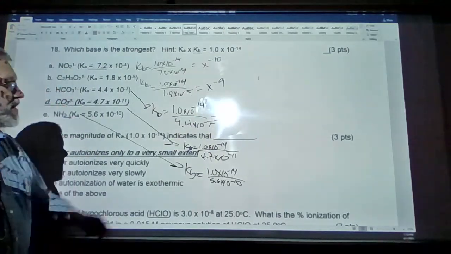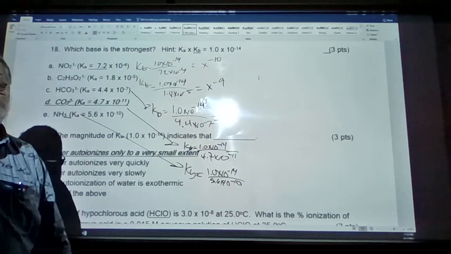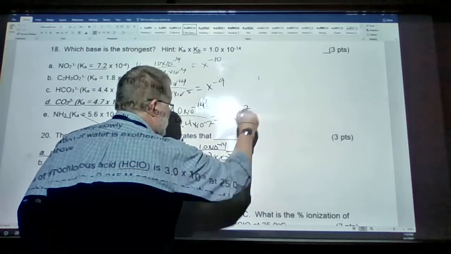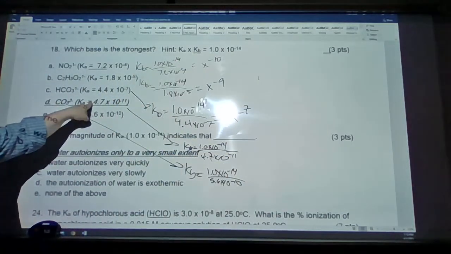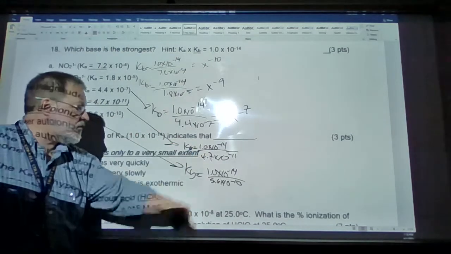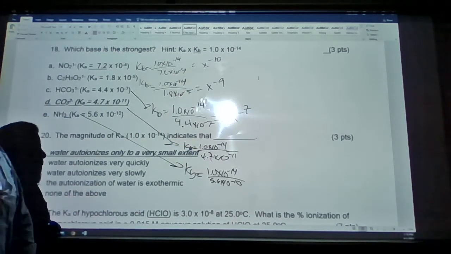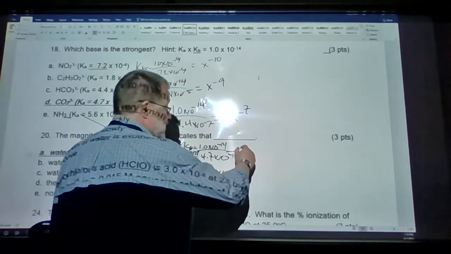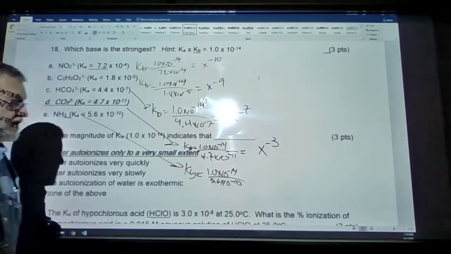This one, again, we're looking at 1.0 times 10 to the minus 14th divided by 4.4 times 10 to the minus 7th. Again, subtract this bottom number from the top. Minus 14 minus a minus 7 is some value times 10 to the minus 7th. Here, for carbonate anion, 1.0 times 10 to the minus 14th divided by 4.7 times 10 to the minus 11th, minus 14 minus a minus 11, or minus 14 plus 11, is equal to some value times 10 to the minus 3.